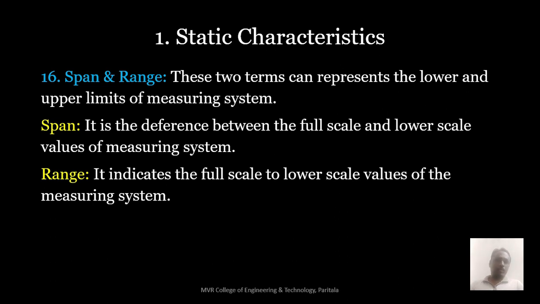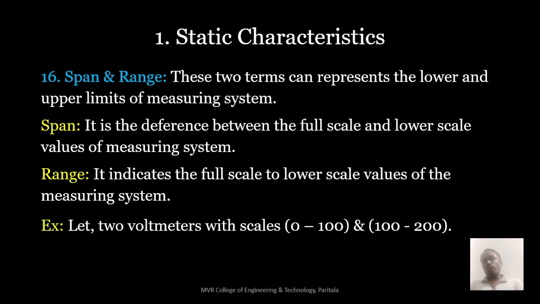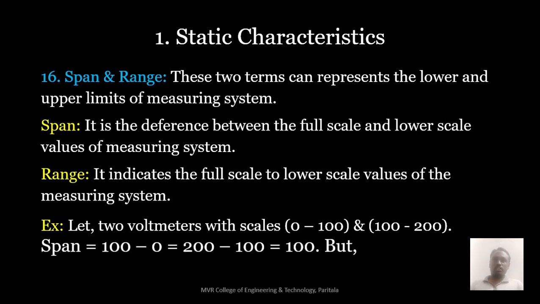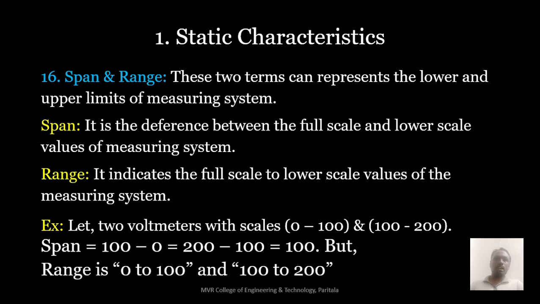The best example for that: let's take two voltmeters. One has a range of 0 to 100 and the other 100 to 200. What is the span now? In both cases the span is the same: 100 minus 0 equals 100, and 200 minus 100 equals 100. But the range in the first case is 0 to 100 and in the second case is 100 to 200.